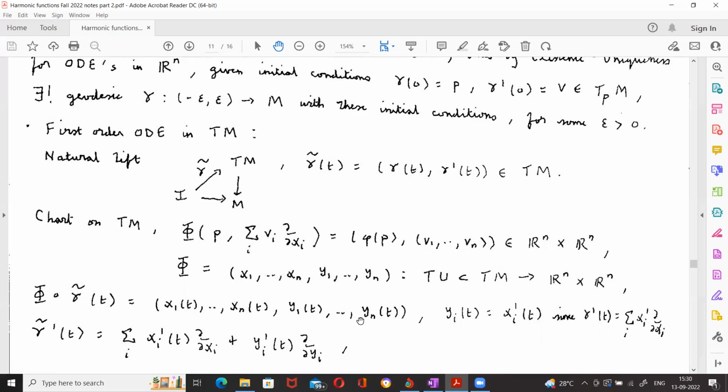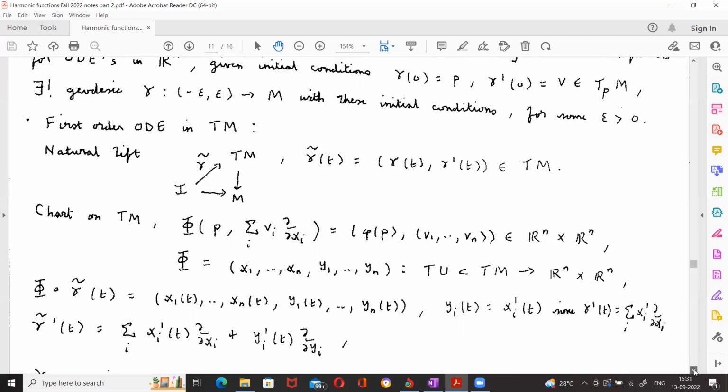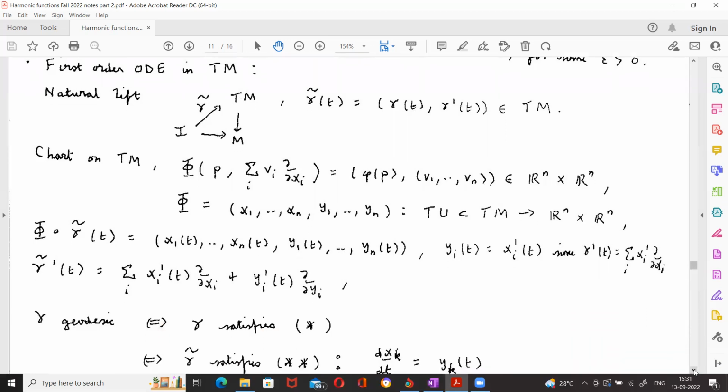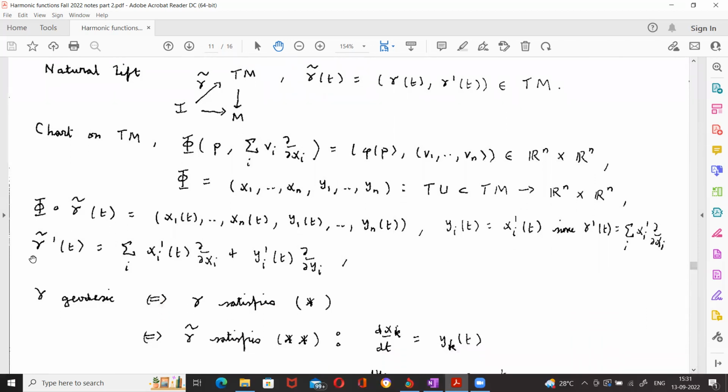These y's are the coefficients of gamma prime(t), which is summation xi prime del/del xi, so yi(t) is nothing but xi prime(t).